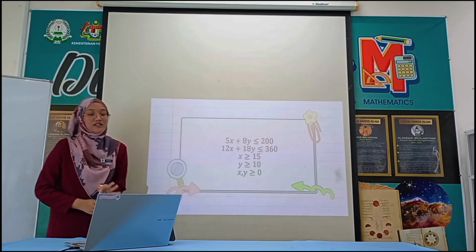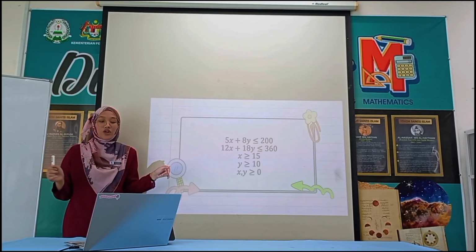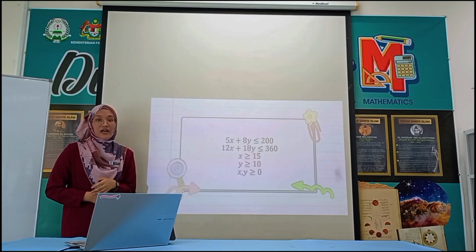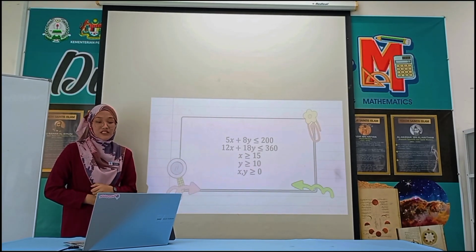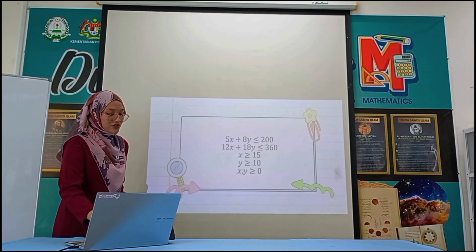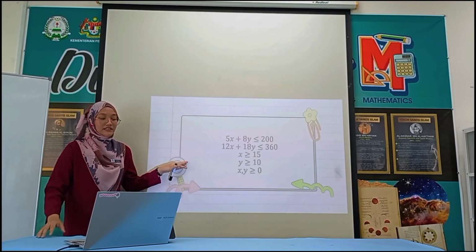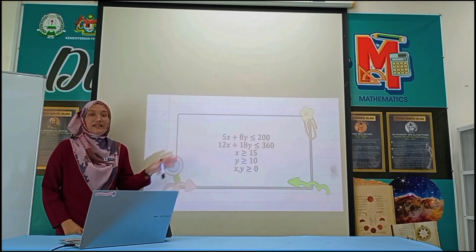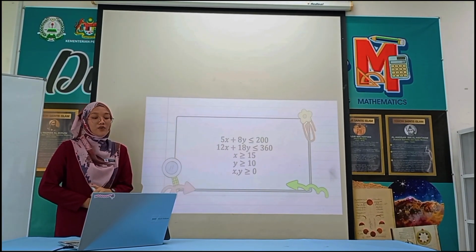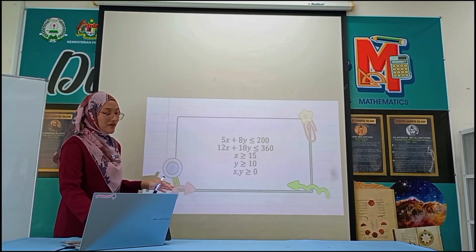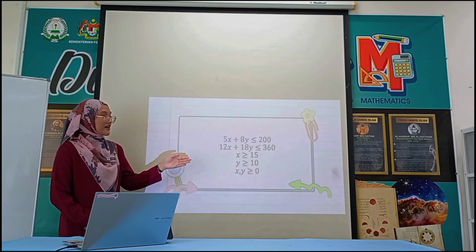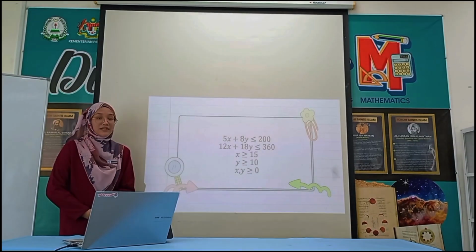Overall, this model represents Aina's goal of maximizing her daily profit while taking into account her real-world limitations in terms of cost, time, and customer demand. By analyzing these constraints together, Aina can determine the most efficient combination of laksa and nasi kerabu to prepare within her available resources, 200 ringgit and 360 minutes.